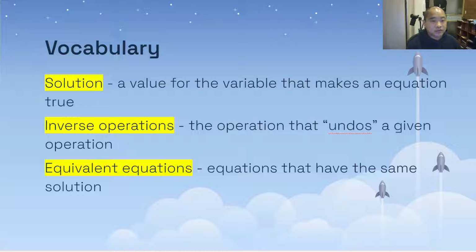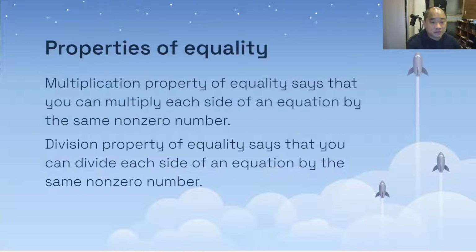Okay, so let's take a look at some examples here. Let's first talk about the properties of equality. The multiplication property of equality says that you can multiply each side of an equation by the same non-zero number. The division property of equality says the exact same thing. So, if you have 3 equal to 3, you should be able to multiply both sides by 2 and get the same thing.